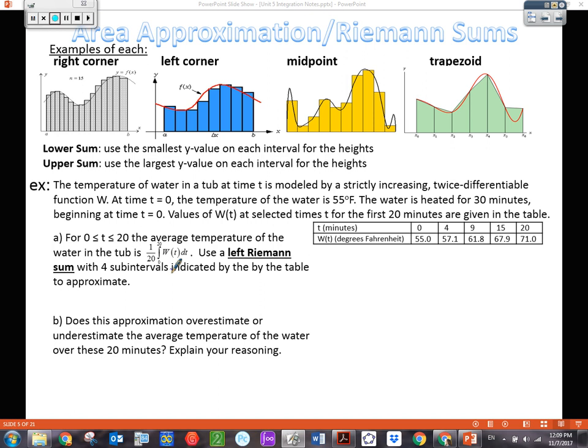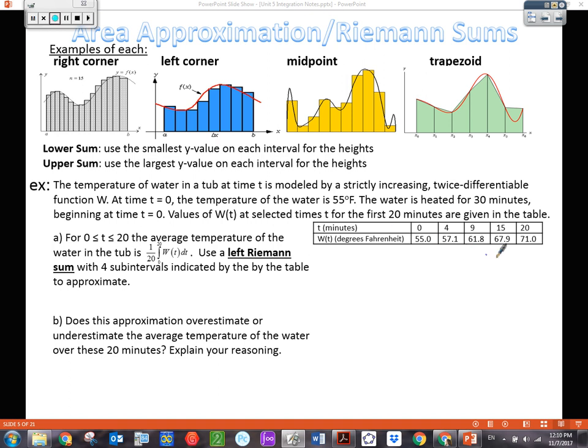We want to integrate this and use a left Riemann sum with 4 subintervals indicated by the table to approximate. I have to draw a picture. I always do. When it says 4 subintervals, I get a little confused looking at the data. Do you have to draw a picture? No. I'm just going to because it helps me.